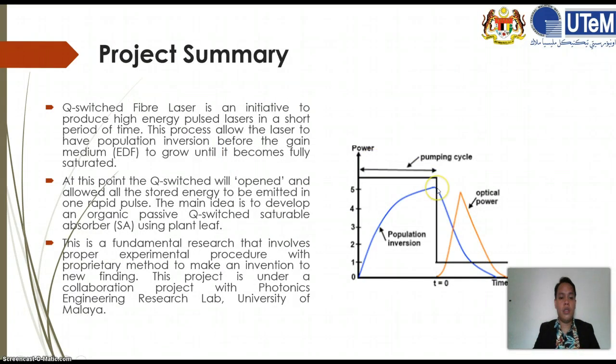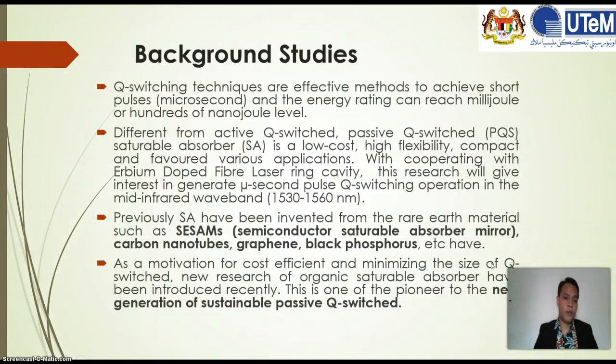Whenever the stored energy is enough, it will emit the power in one rapid pulse. So this will be continuously on and off in a short period of time, in terms of microseconds.